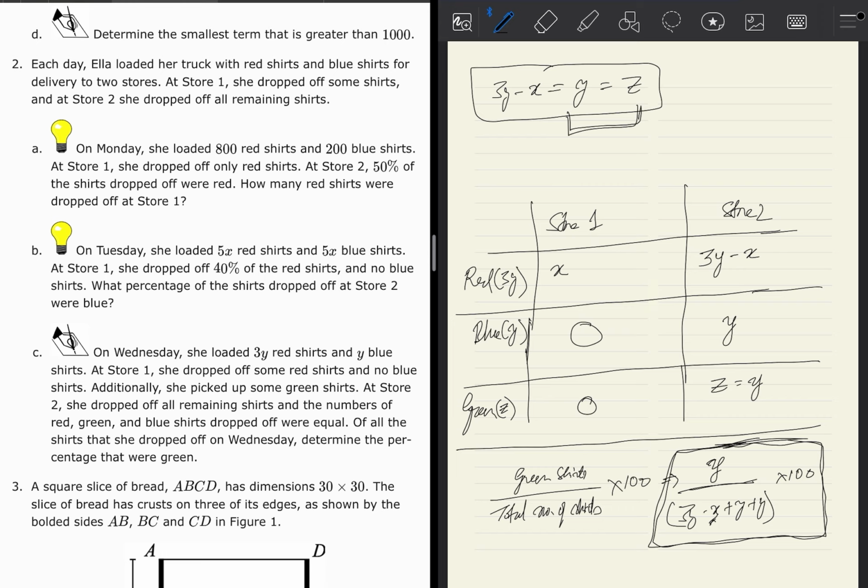For that it's very simple. Again, look at this one. Look at the first two terms. We can write 3Y minus X equals Y. So we can write X in terms of Y. This implies 3Y minus Y equals X, so X equals 2Y.